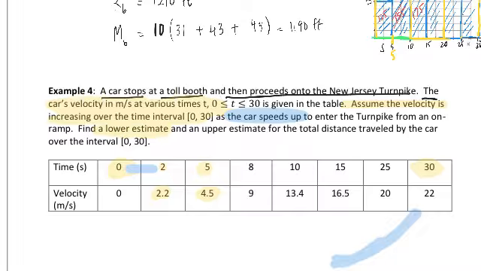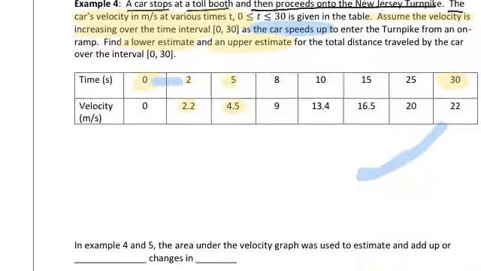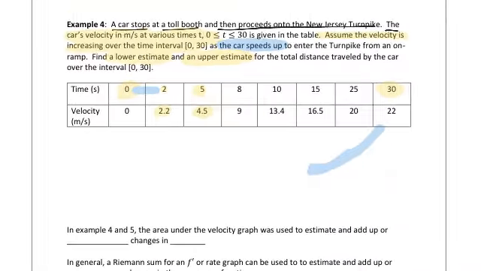And then they're asking for a lower estimate and an upper estimate. You do it exactly the same way as example 3, except we have to realize that if the velocity graph is increasing, then the lower estimate is going to be the left estimate, because if you make your rectangles using the heights from the left end of each rectangle, the whole Riemann sum is going to be inside or under the curve.